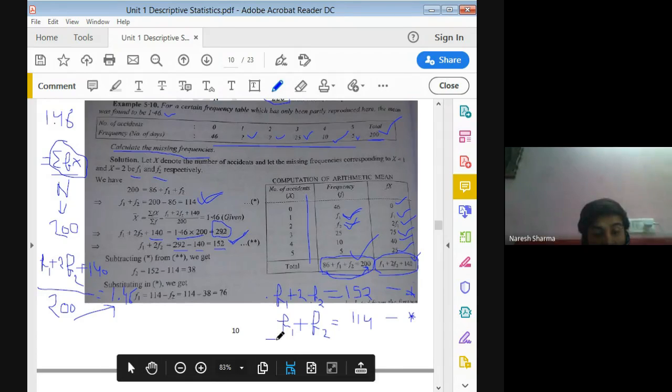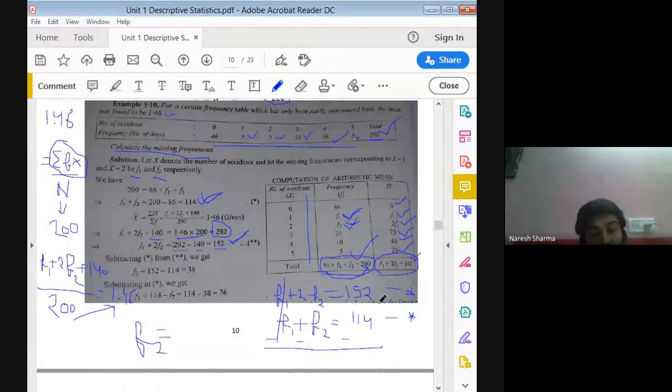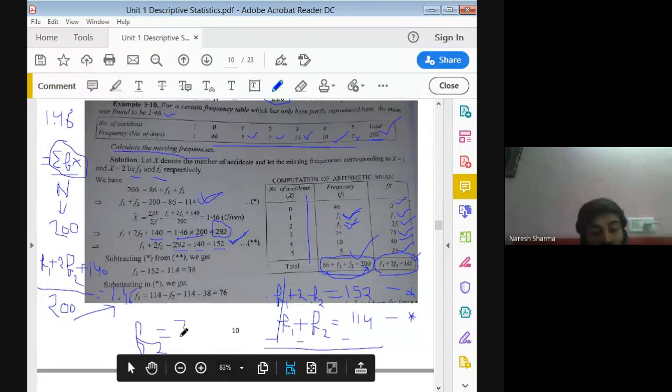If we subtract here, the f1 cancels with f1, we are left with f2 here, which is 152 minus 114, which is 38. So we get the value of F2, 38. You just need to put this F2 in any one of these two equations.